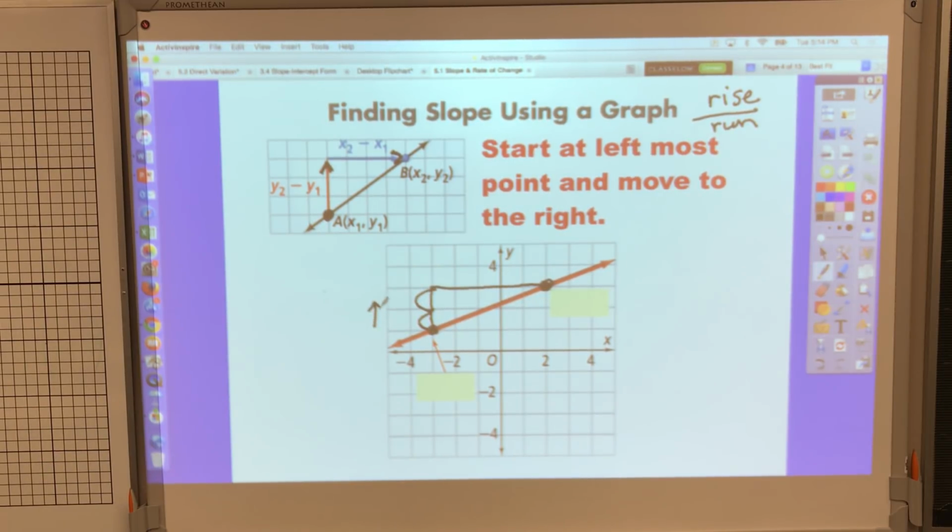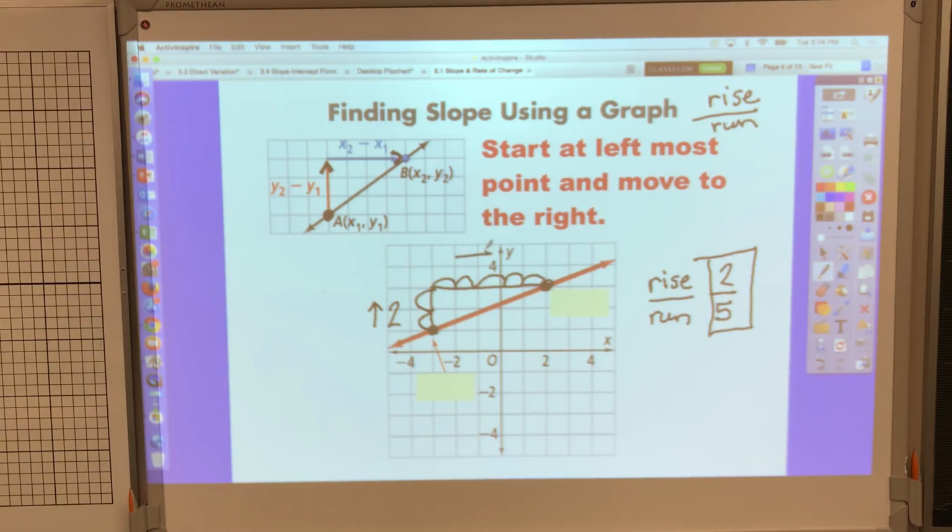And since we went up, my rise is a positive 2. The horizontal line is your run, so 1, 2, 3, 4, 5. It does not simplify, so 2/5 is my slope.